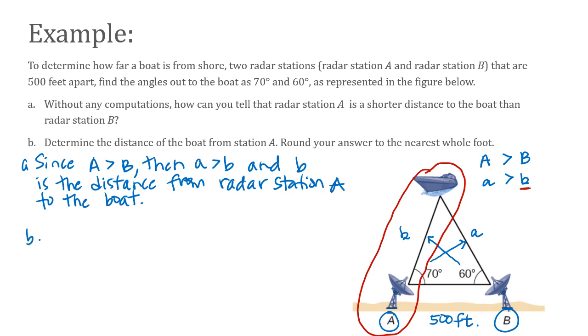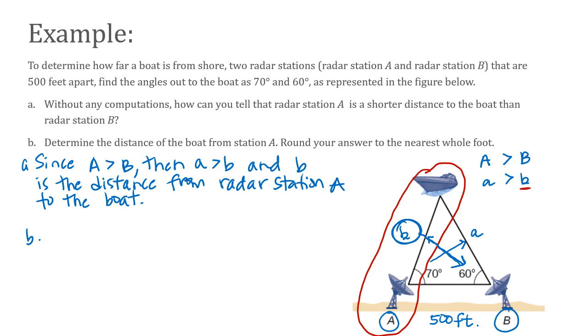Part B, let's talk about part B. Determine the distance of the boat from station A. Round your answer to the nearest whole foot. All right, so we want to actually solve for this length of b, and b is across from that 60-degree angle.